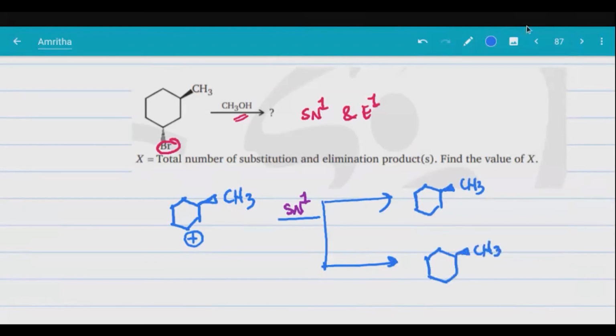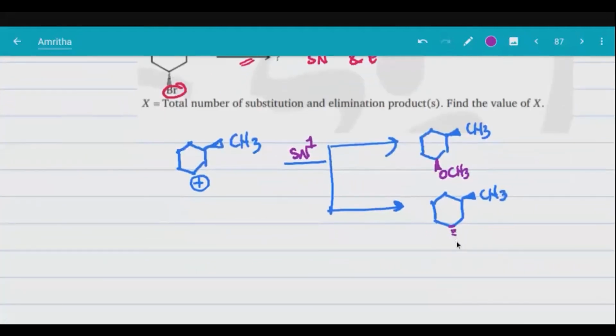But what about the nucleophile? This is carbocation, so this can be down OCH3, yes, possible. Or up OCH3 or down OCH3. Up means thick line, down means dotted line. Or you can say towards observer, away from observer. So two possibilities for substitution.